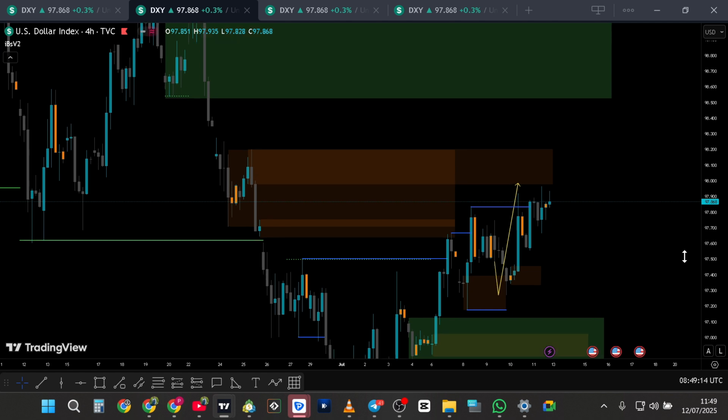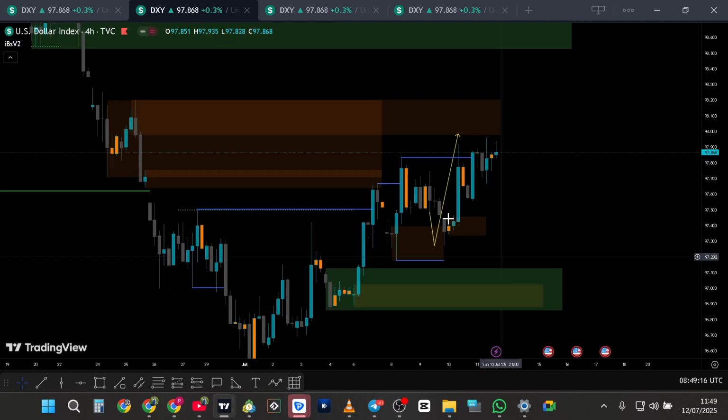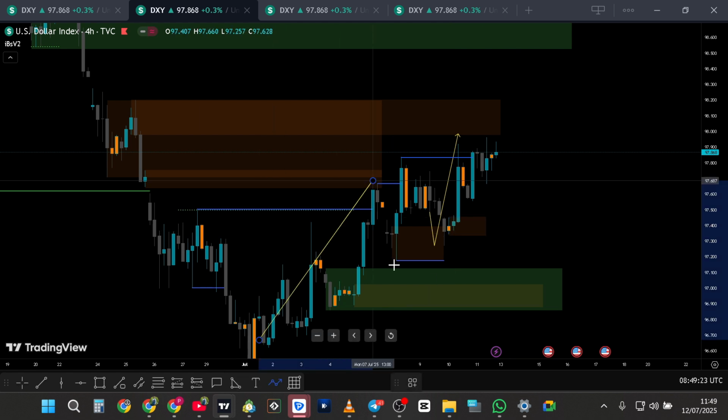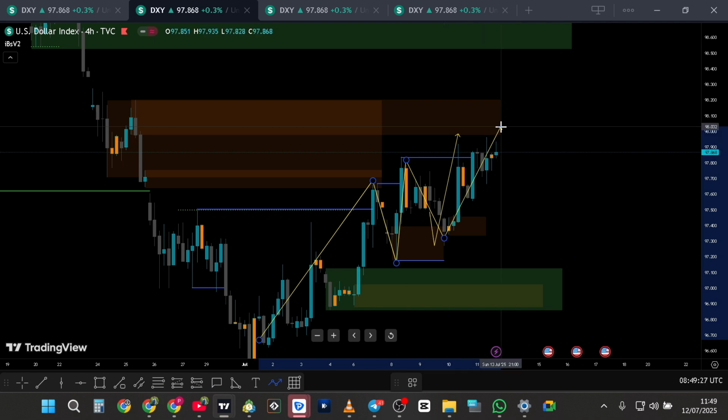What I'm strongly also believing is we broke structure here on the 4 hours. So technically we are on an uptrend like this, and price is going to the upside. Unless price wants to come down, then I'll be expecting it to react from this demand. But if it does break this demand, then maybe we could be changing direction to the downside.